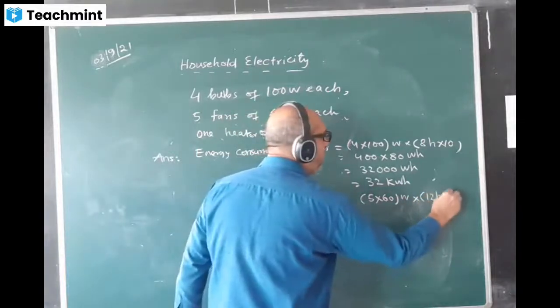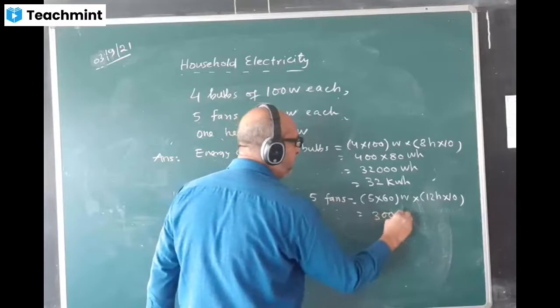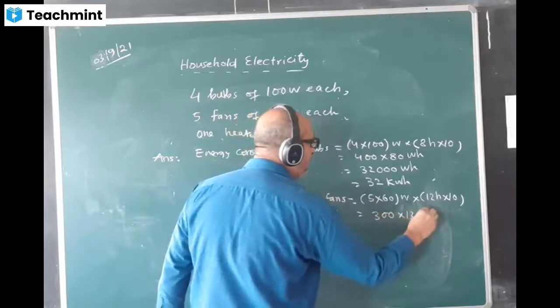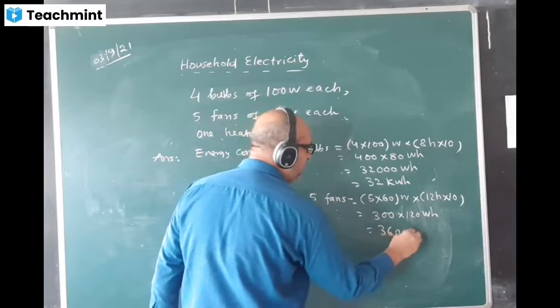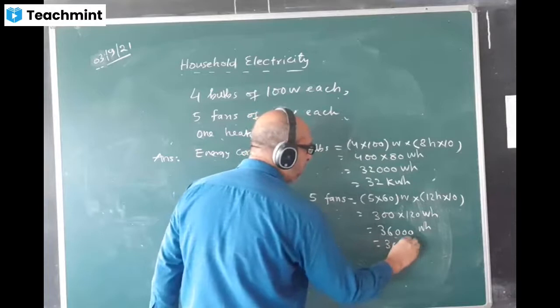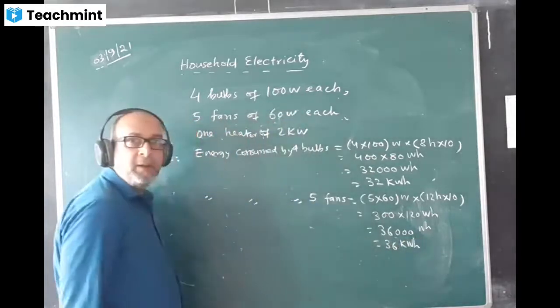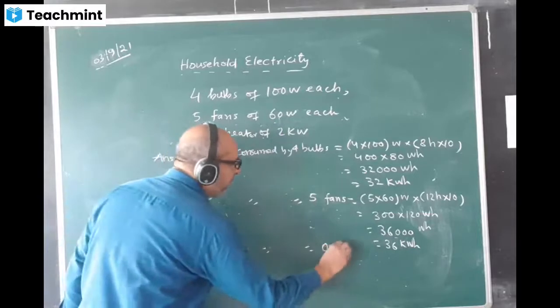So 12 hours into 10. This is coming 300 into 120 watt hours, which is 36,000 watt hour. Then the answer will come 36 kilowatt hour. Same way we will do energy consumed by one heater.